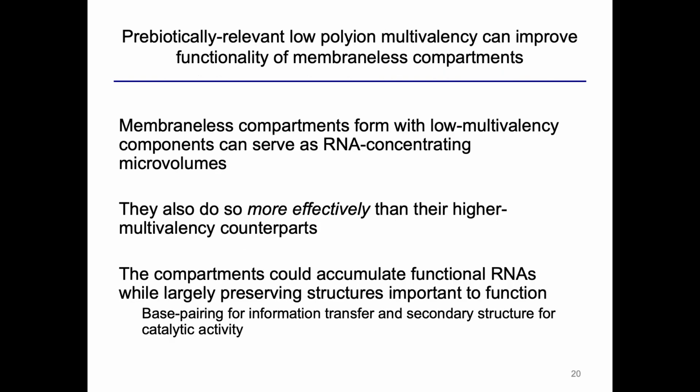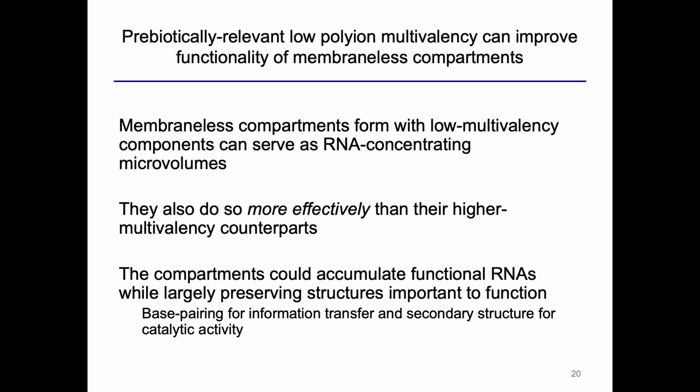So just to summarize, I have shown with this study that membraneless compartments can be used as RNA concentrating microvolumes. And actually, when you think about the shorter length components, they're actually more effective than their higher multivalency counterparts at doing that.